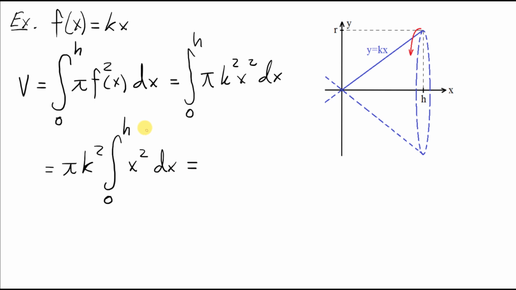So then we need to take the antiderivative of x squared.